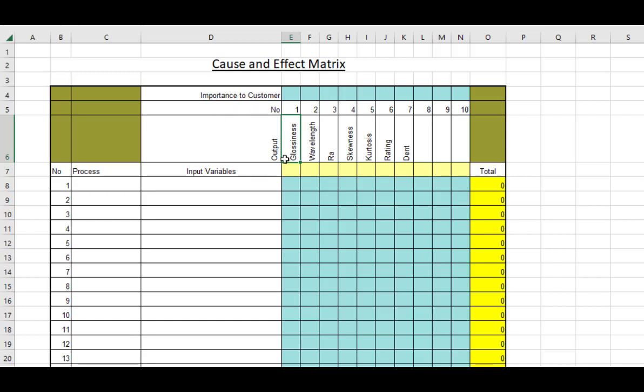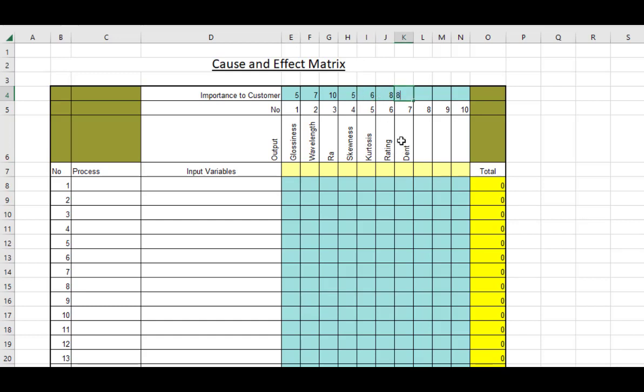For example, for the glossiness, between scale 1 to 10, maybe this one is 5. The wavelength is 7. The roughness, maybe this is the most critical one, so 10. The skewness maybe 5. This one, kurtosis, maybe 6. The rating maybe 8, and the dents also maybe 8.